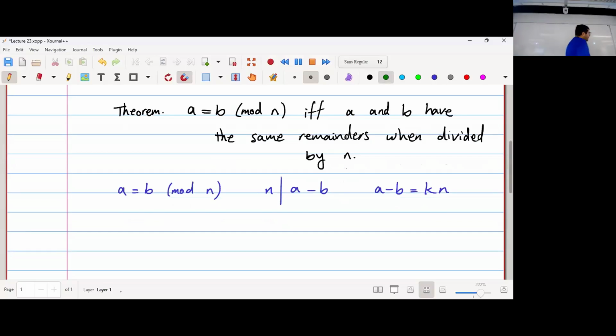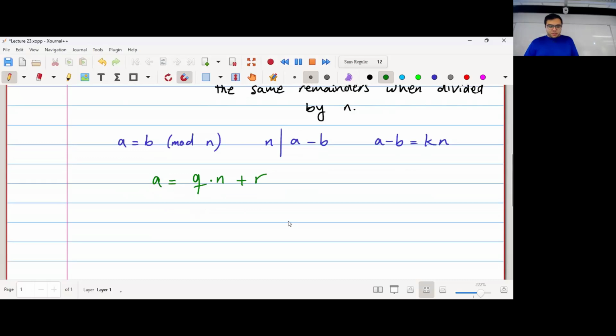I know that every number can be written as a quotient and a remainder when divided by N. So I can write A in this form: A is Q times N plus R. But what does this tell me about B? B is just going to be Q minus K times N plus R, because their difference is just KN.